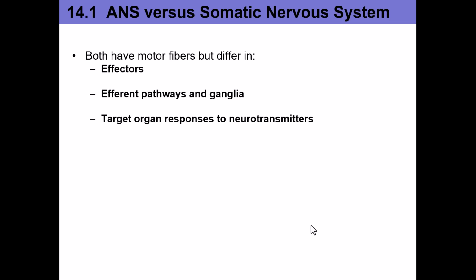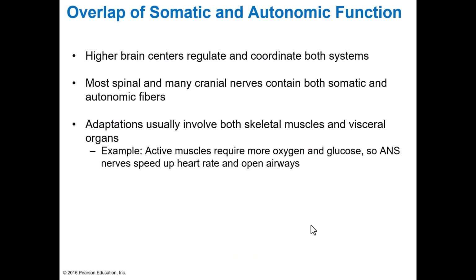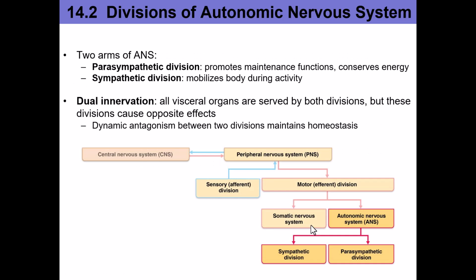Let's go back to this summary here. The differences between the somatic nervous system, which is talking to skeletal muscle, and then the autonomic nervous system, which is talking to smooth muscle, cardiac muscle, and glands. Let's look at these specific divisions of the autonomic nervous system. There are two different divisions, sympathetic and parasympathetic divisions.